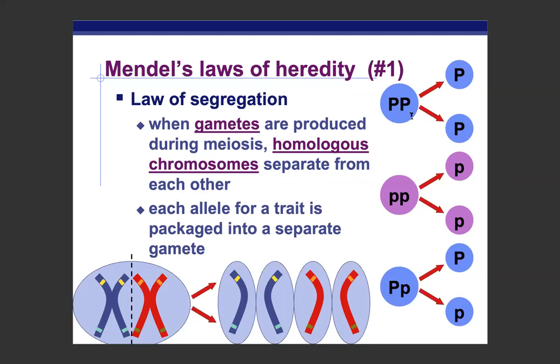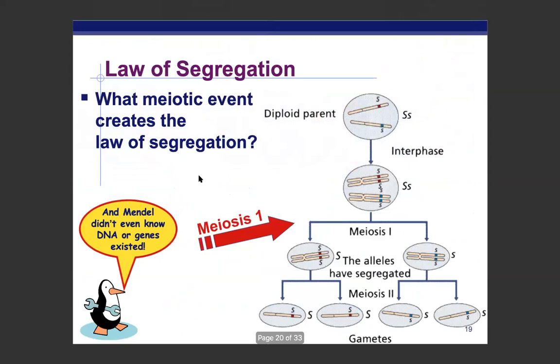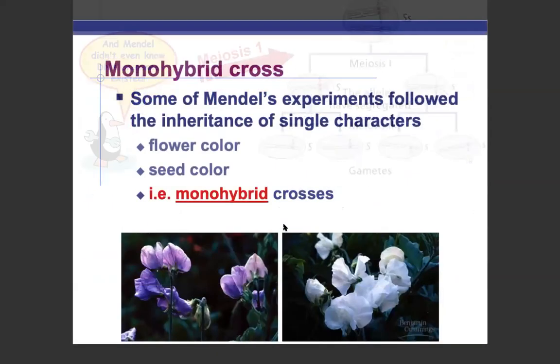So it's not going to be that one daughter cell suddenly gets both alleles for the petal color and one daughter cell gets no alleles. Always each daughter cell gets one of the alleles from the homologous pair. We can see that the meiotic event that creates this is meiosis 1, because this is when homologous chromosomes separate.